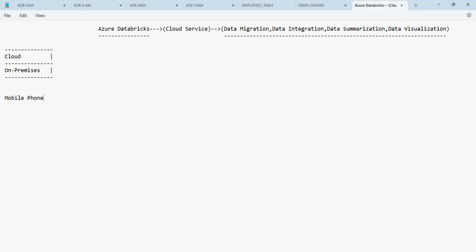Whenever we buy a mobile phone, you get it with some inbuilt data or inbuilt memory area.